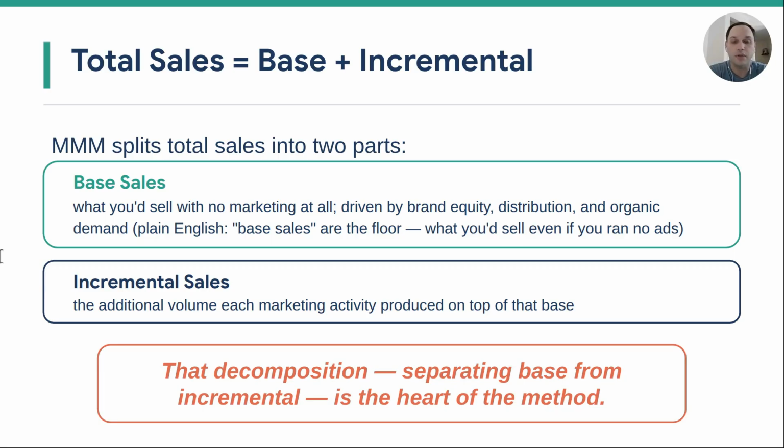The second part is incremental sales, the additional volume that each specific marketing activity produced on top of that floor. TV drove some of those incremental sales, digital drove some, promotions drove some. MMM's job is to separate those contributions precisely, to assign the right amount of credit to each channel.